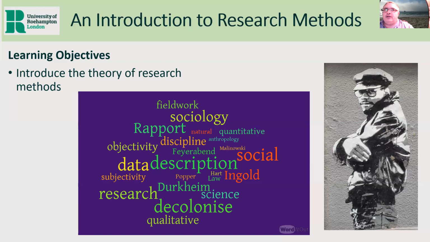I mentioned several names here. Paul Feyerabend was an anarchist methodologist who was against the idea that we should have research methods. Bronislaw Malinowski suggested the long-term participant observation, the deep attempt to gain the native point of view, to use a politically incorrect expression.